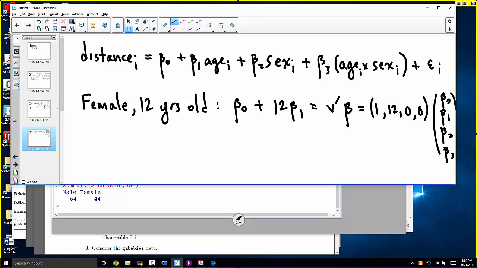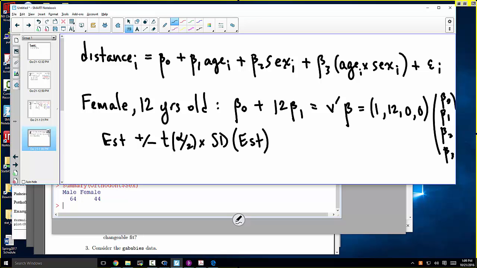And we know that to do a confidence interval, we can say estimate plus or minus, in the context of regression, a t critical value, say alpha over 2, times a standard deviation of the estimate.